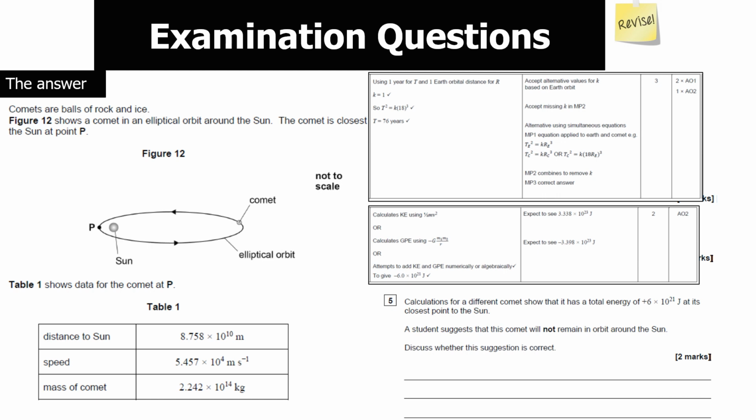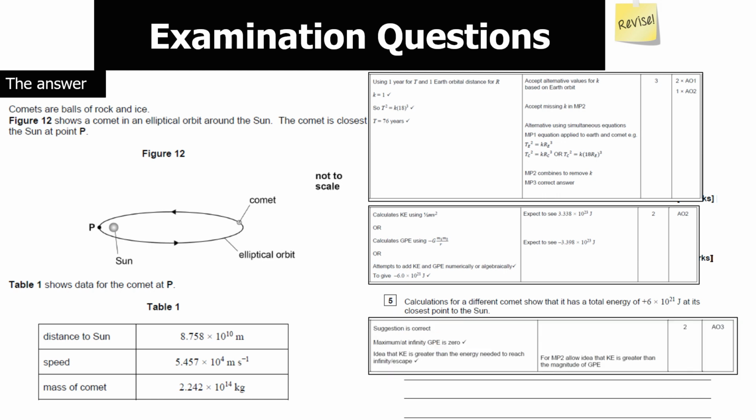Now, the next question is going to indicate that the comet will not remain in orbit around the Sun. Why is that? Well, like we said before, we always have gravitational potential energy as a negative value.